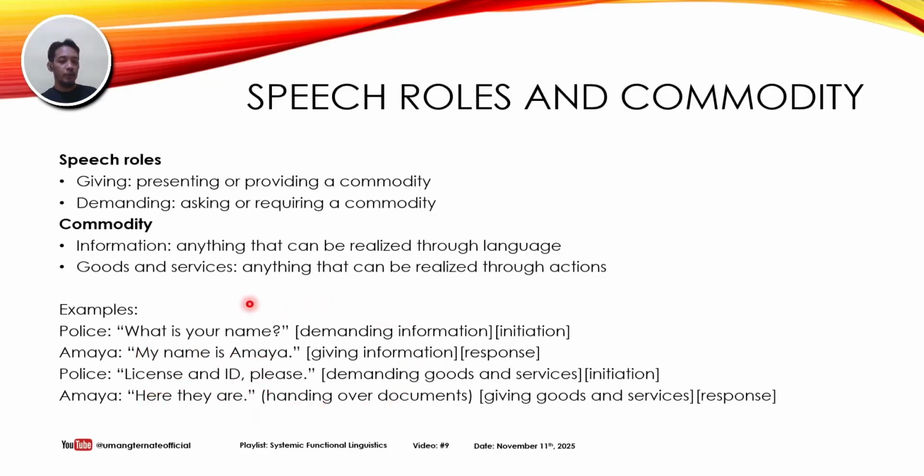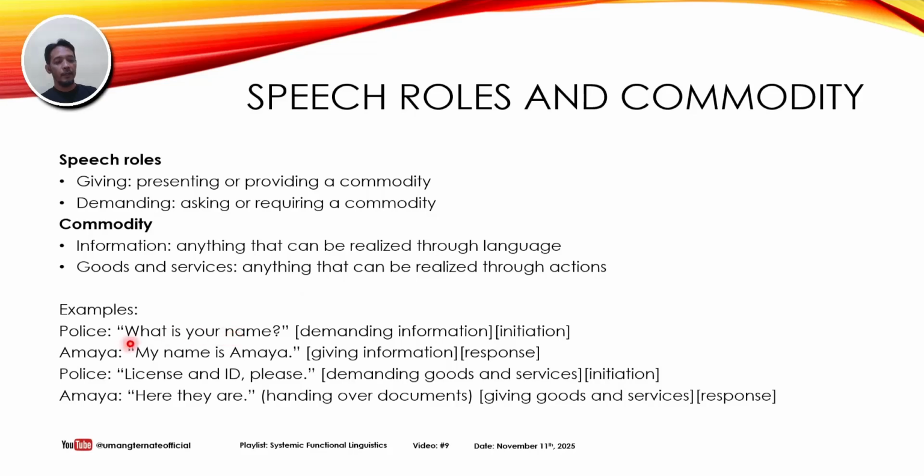So if we look at this interaction, we can see that the first sentence, or utterance, or clause, the interaction type is demanding information. So the policeman initiates the interaction by asking for a name.